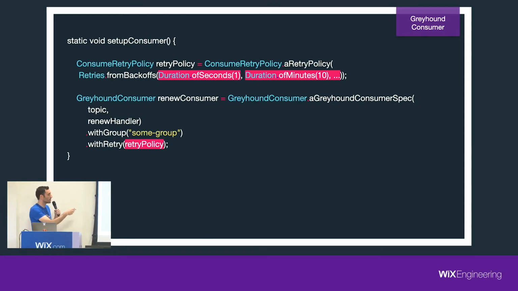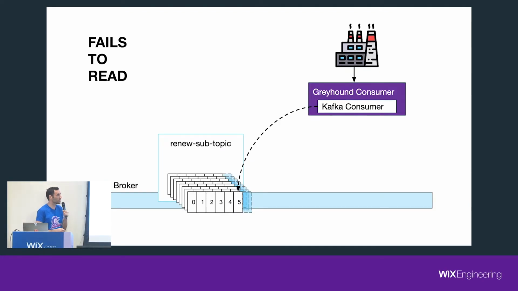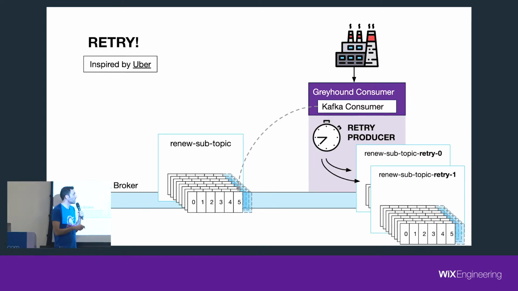And then with our famous builder that we saw earlier, we just add this retry policy and we get it automatically. And behind the scenes, the Greyhound consumer, in case of failure, has a retry producer in the consumer itself.